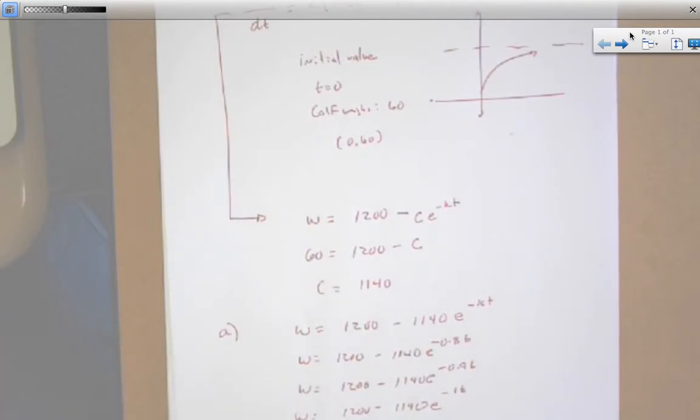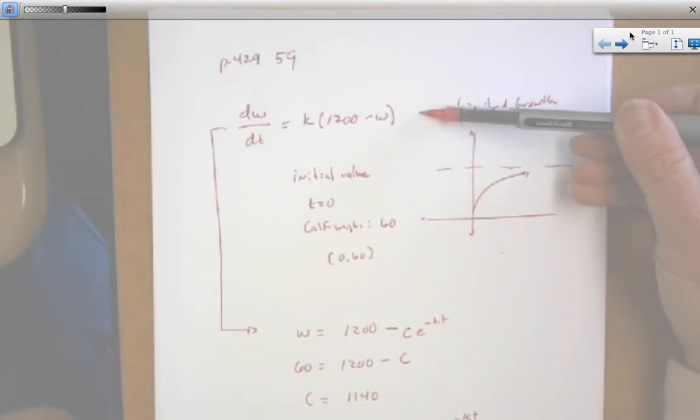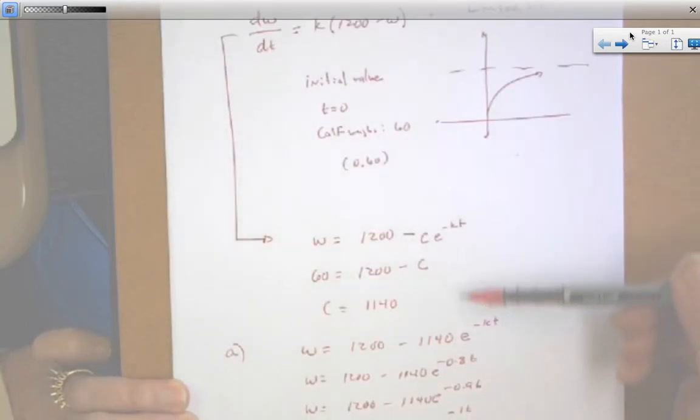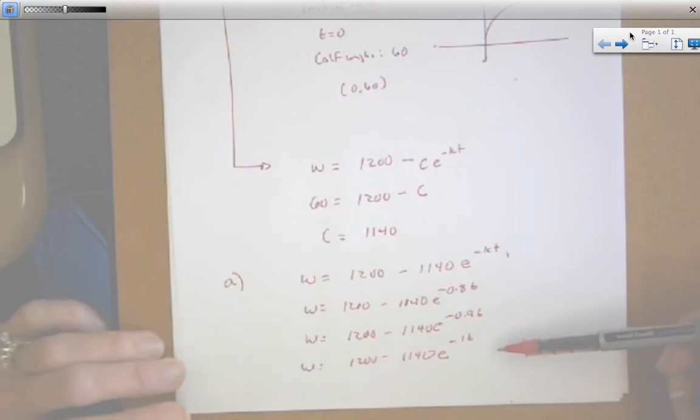It asked you to graph the 3 solutions, so you can look at these solutions on your calculator. So we took the differential equation. I didn't do a separation of variables. We went straight to the solution. Here's the form of the solution. Then we plugged in the k values they asked for.